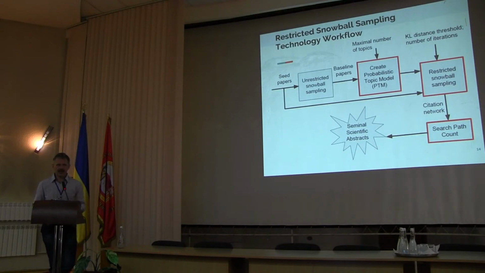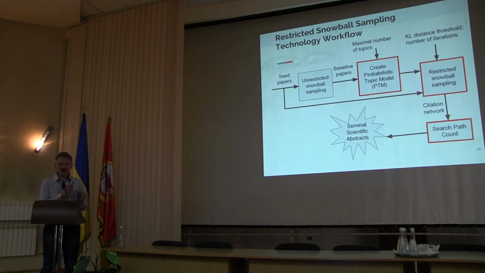We cannot be sure that we collected all, but we can get any papers which seem to be in our domain. And after we run the restricted snowball, we can prove later that the resulting corpora don't depend on our starting points.